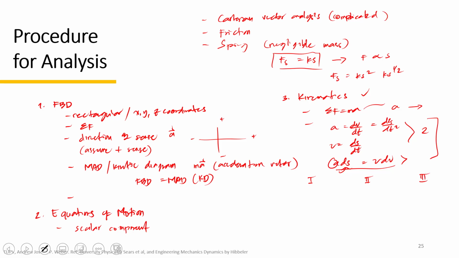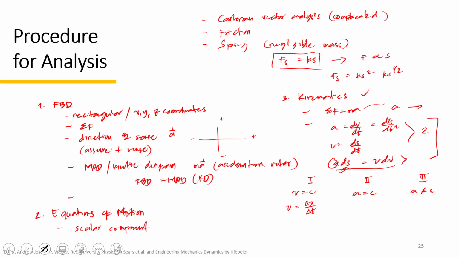For convenience, in the first category the velocity is constant, in the second the acceleration is constant, and in the third the acceleration is not constant. Under the first category, we have a very simple relationship, which is v equals dx/dt.